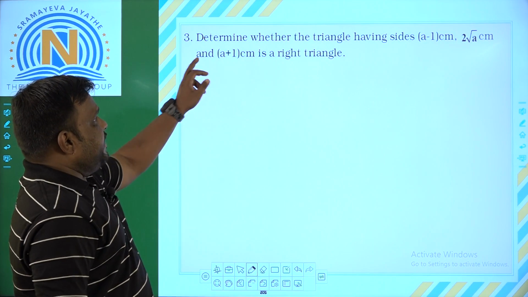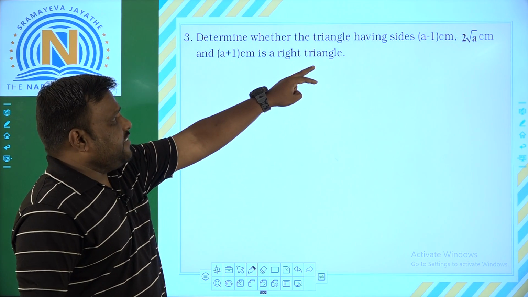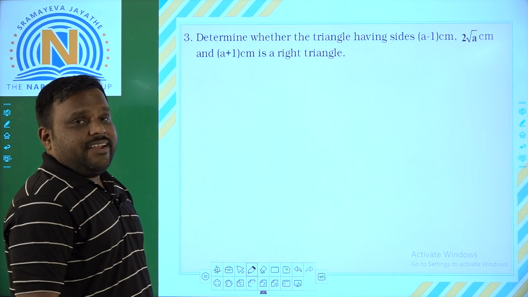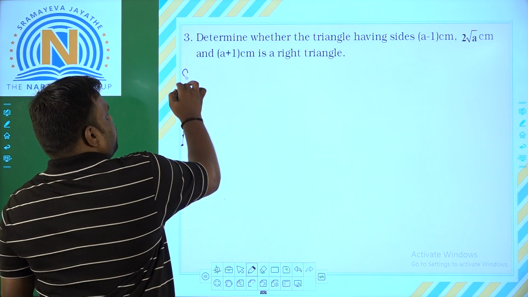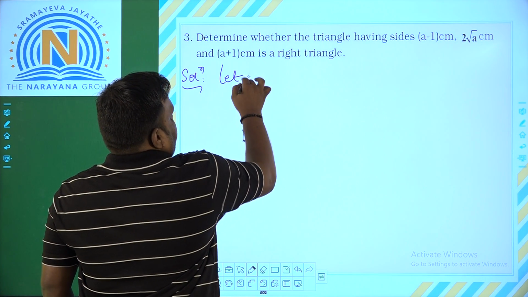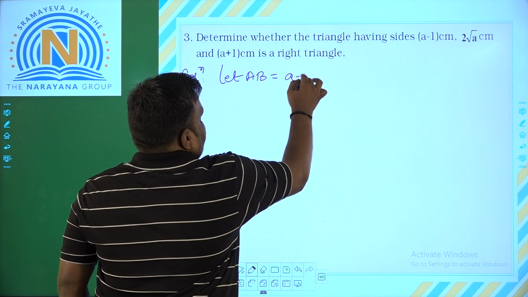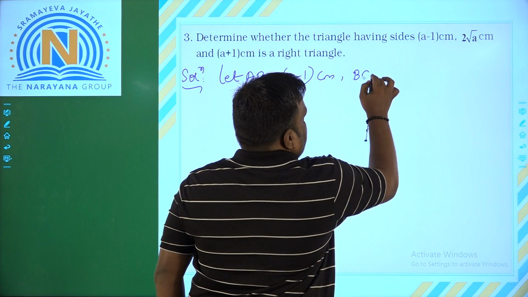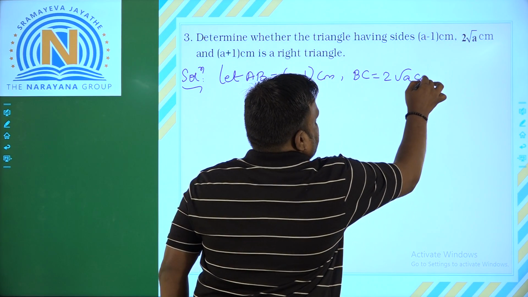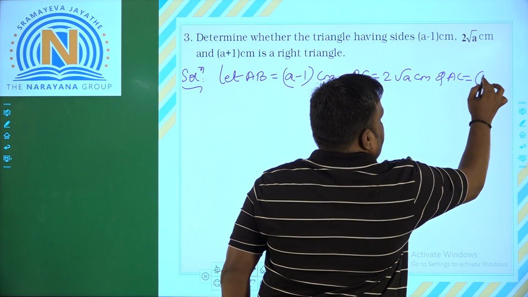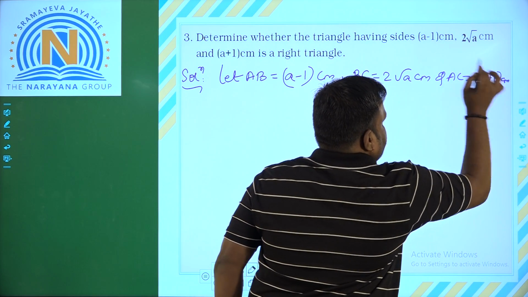Now, the third question. Determine whether the triangle having sides a minus 1 centimeter, 2 root a centimeter and a plus 1 centimeter is a right triangle. So, first, let AB is equal to a minus 1 centimeters. Consider the three sides: BC is equal to 2 root a centimeters and AC is equal to a plus 1 centimeters.